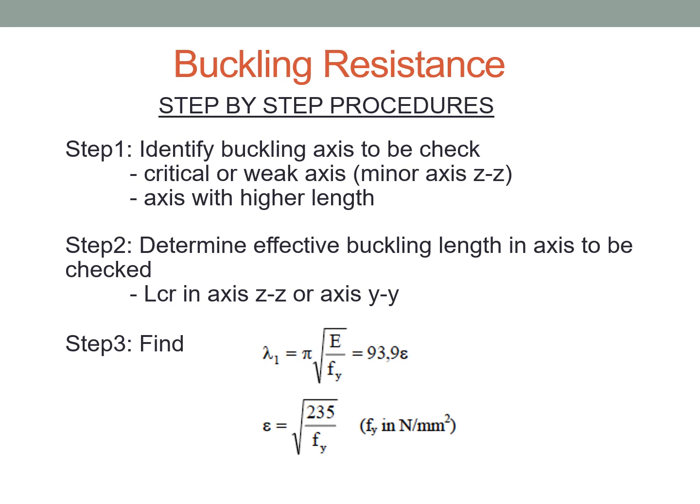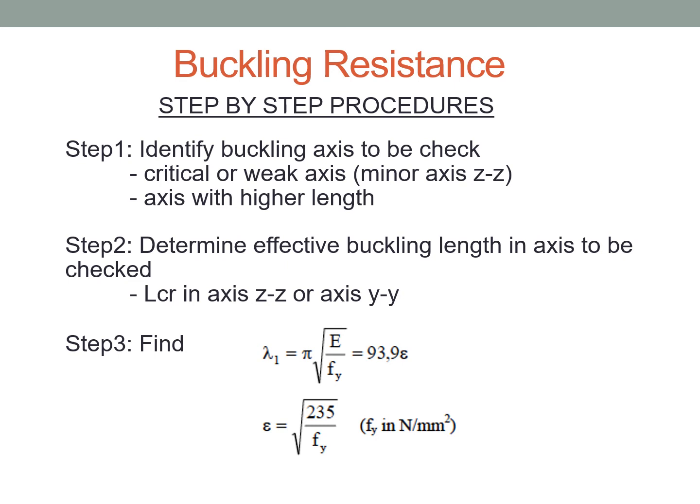Normally we check the critical axis or weak axis, which is the minor axis, ZZ. Or, if the column section has different lengths in terms of its axes, then we can choose the axis with the higher length to start the buckling resistance checking.